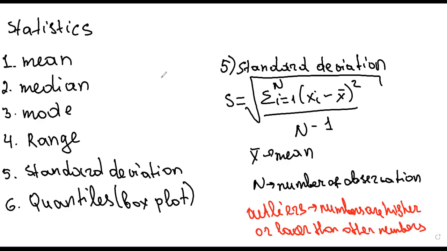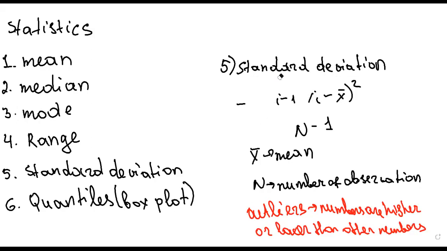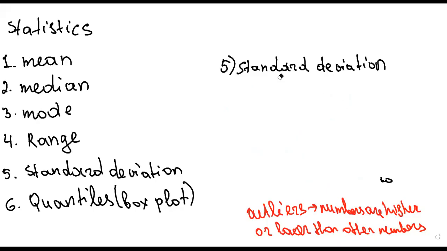For example, let me erase this part because I don't need this function. I'll just write two data sets. Let's say data set 1 and data set 2.